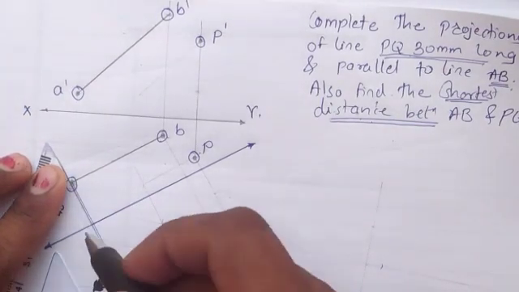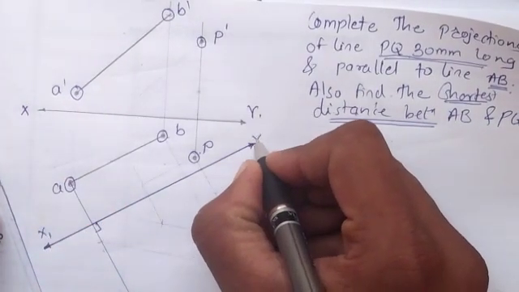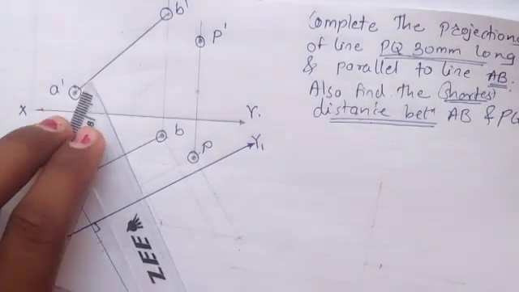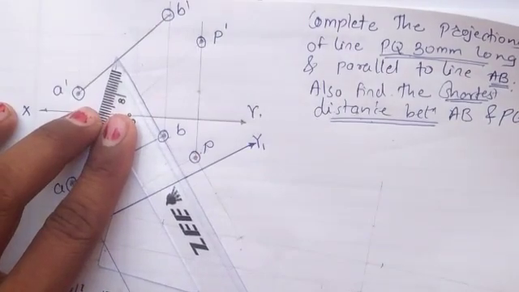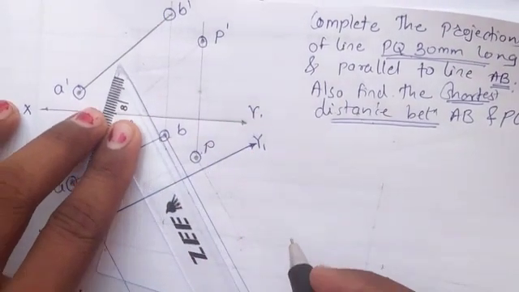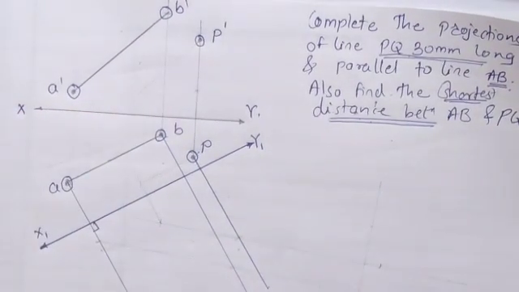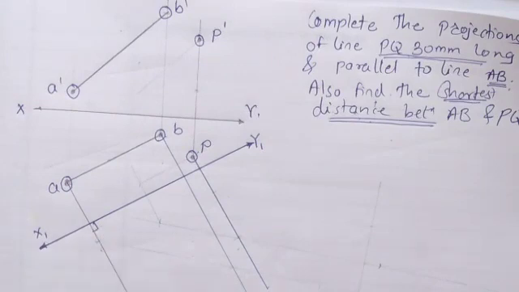So this projector of A should be perpendicular to this X1 Y1, then the projector of B and the projector of P. So we have drawn 3 projectors: projector of A, projector of B, projector of P.